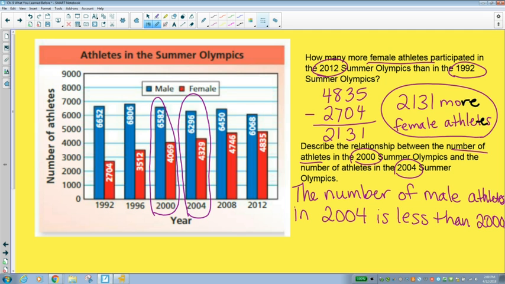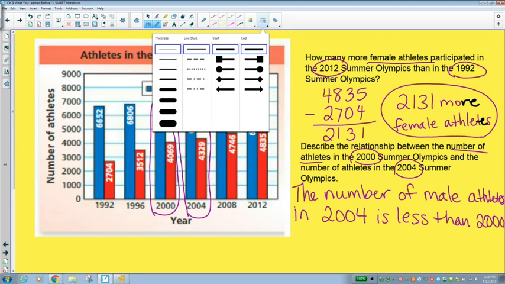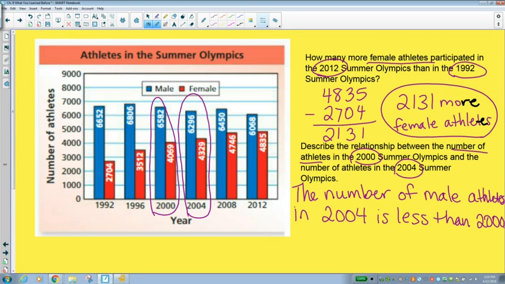Okay? I also could look at the red bars. And when I compare those red bars, what do we notice? Well, in 2000 we have 4,069 females, and in 2004 we had 4,329 females, which means that we have more females in 2004 than 2000.